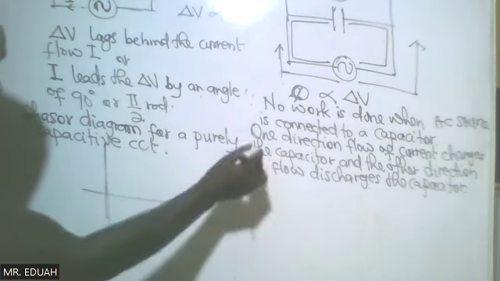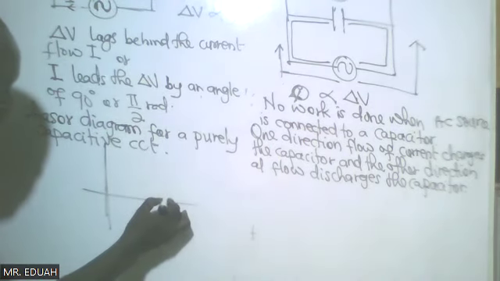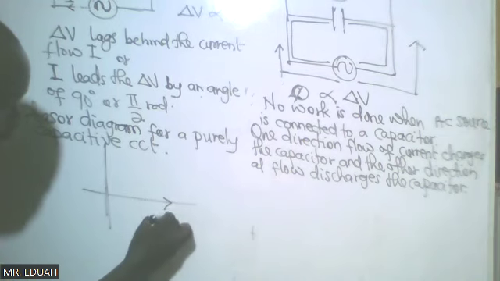So current, as we did for purely resistive, I is always here.